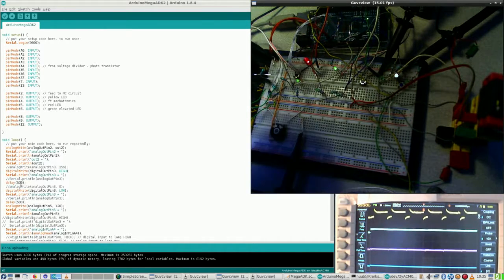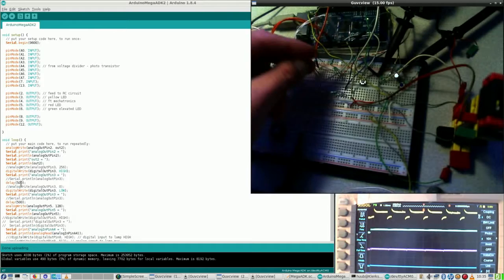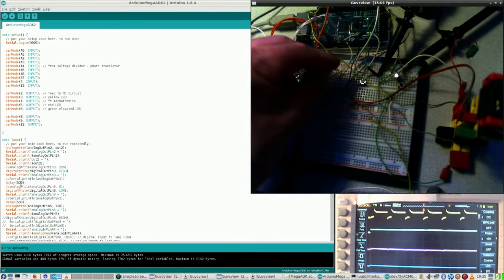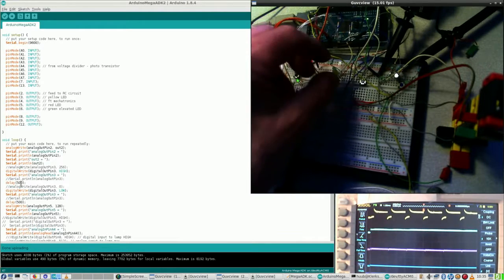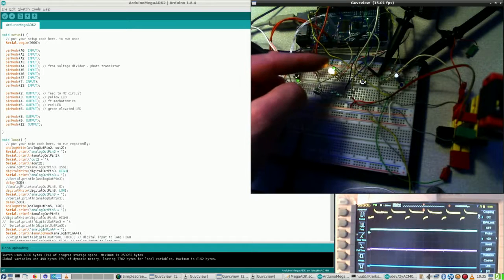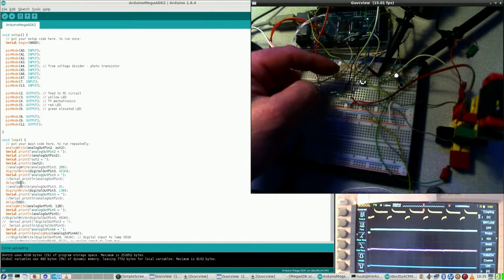So that raises the question, is this alright? Plus and minus. Oh, look at this. The LED is very correct.